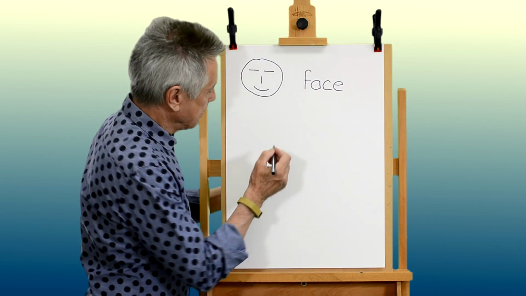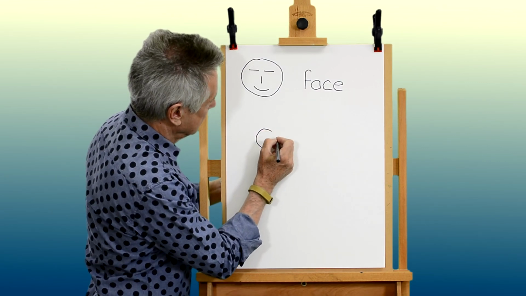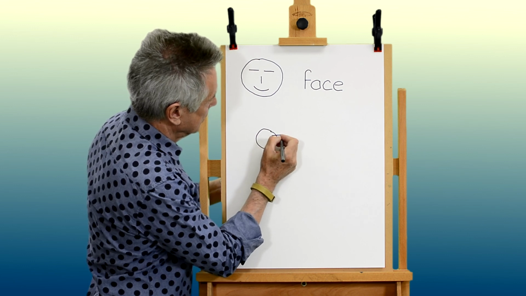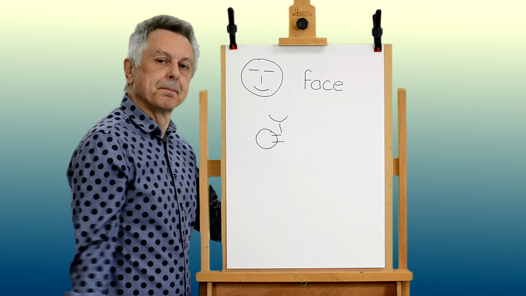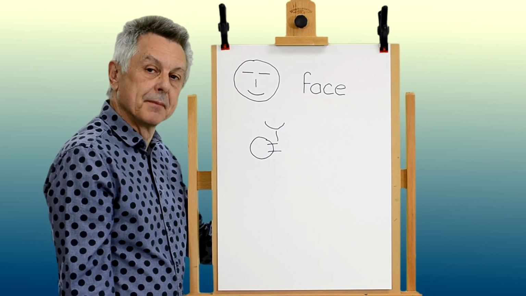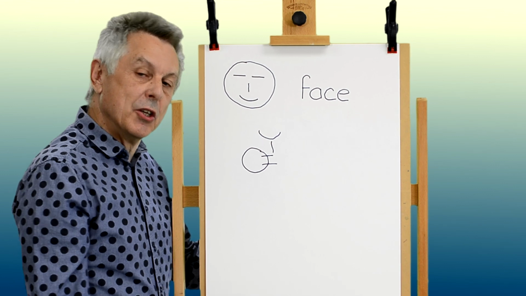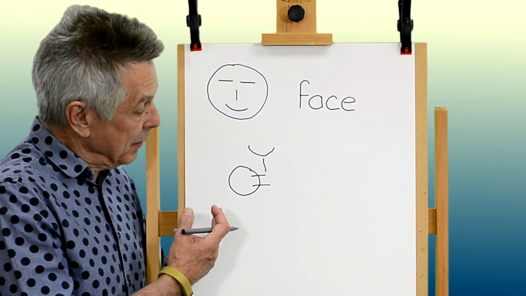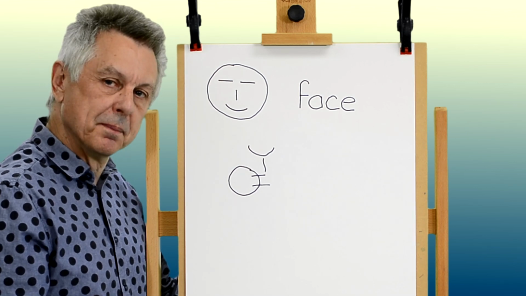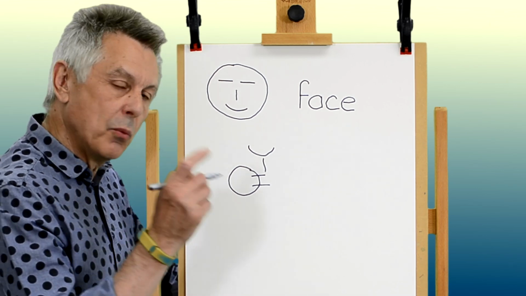Now, do you know what this is? What's that? You don't know, do you? Your brain is desperately trying to work out what it is. It's simply 4 lines in a circle. Now, what's this?